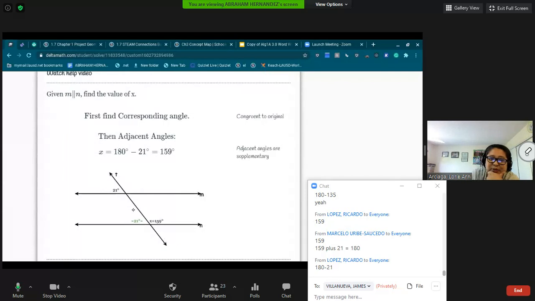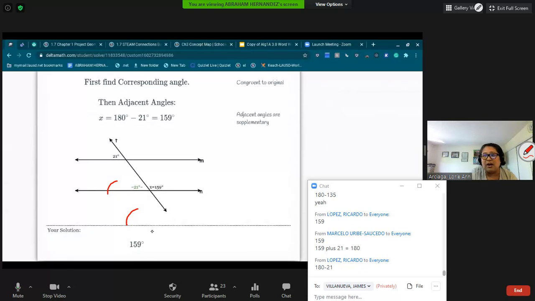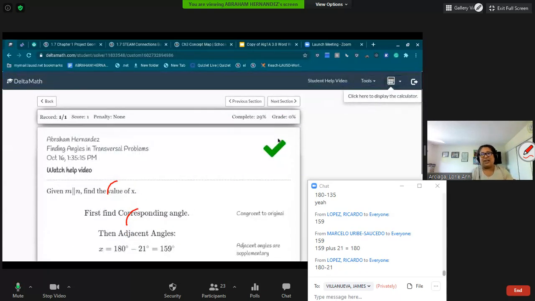First, you have to use corresponding angles. So if this is 21, its pair of corresponding angles goes here, right? So if this is also 21, these two will make a linear pair. So that's why you were able to subtract 21 from 180 to get 159. That's great. Awesome. Next.